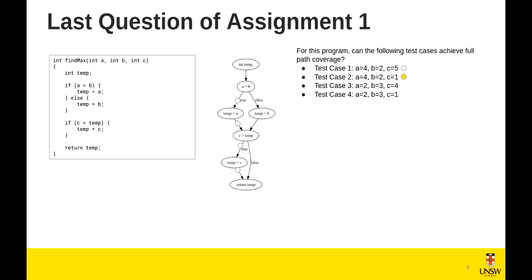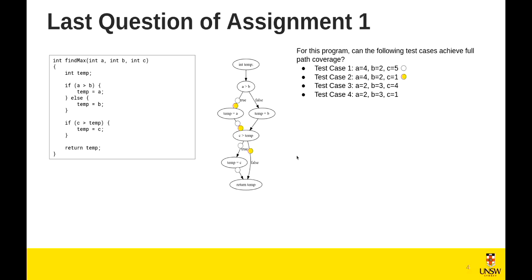Let's consider the second test case. It will also take the first true branch, but this time C is smaller than 4, so we take the false branch of the second if. This covers this path.